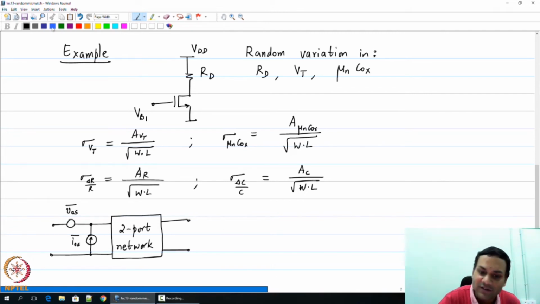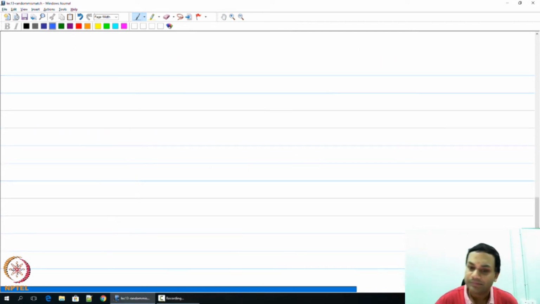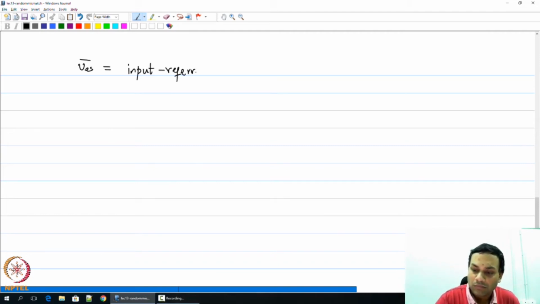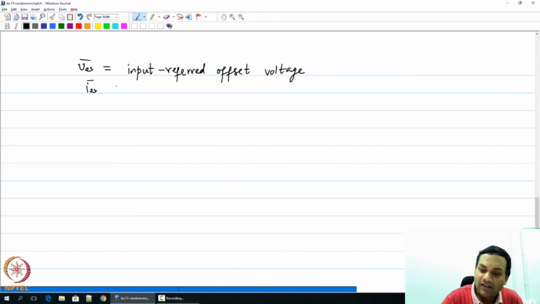So VOS is called the input referred offset voltage, and IOS is the input referred offset current.